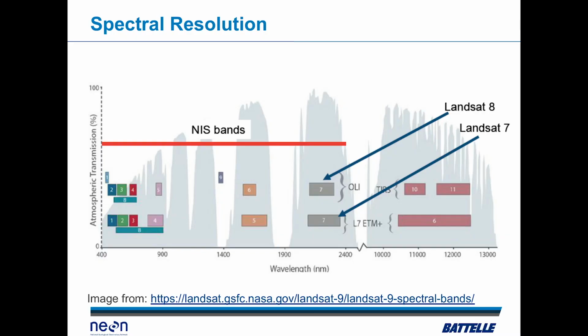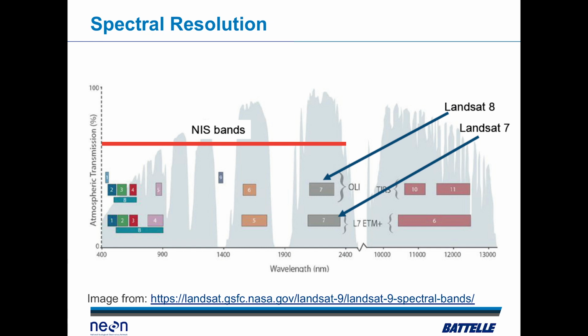Okay, so just a little review of spectral resolution. This chart shows what different satellite remote sensing platforms are measuring. So you see Landsat 8 and Landsat 7. This is the wavelength range.